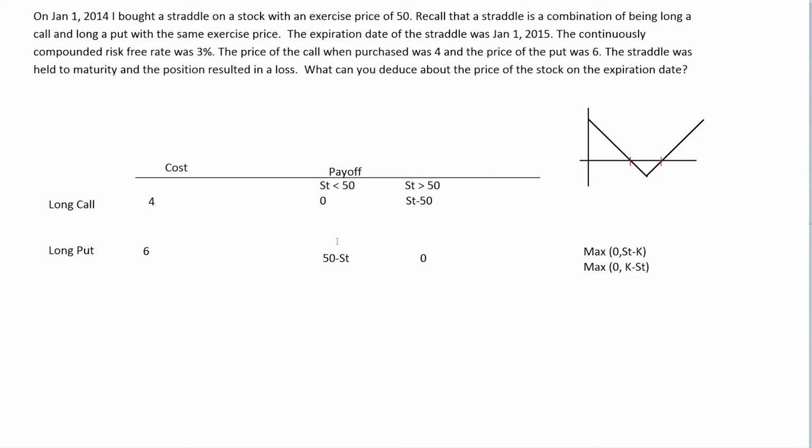So when we add these up together, we get that our total cost is 10, and that the total payoff when the stock is below 50 is just going to be 50 minus S_T, and when it's above 50, it's going to be S_T minus 50.